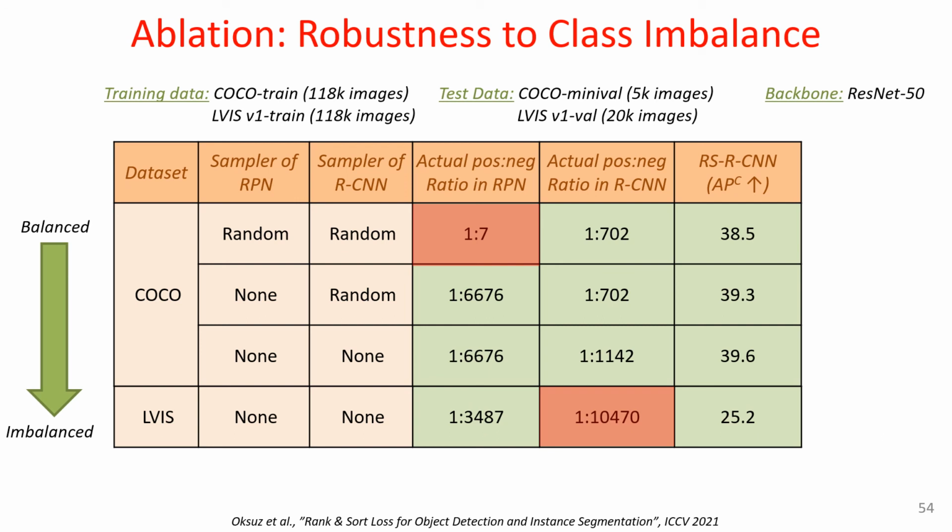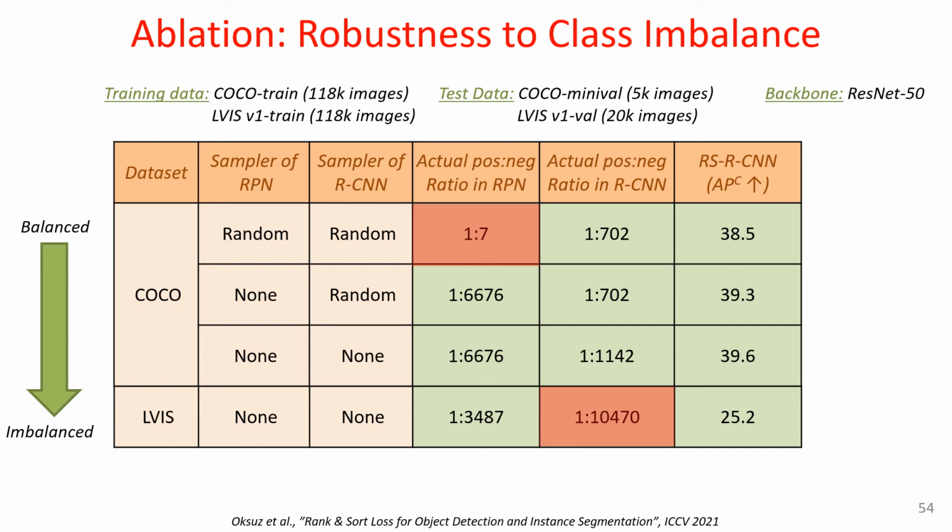To analyze its robustness to imbalance, Faster R-CNN is trained with and without random samplers on both stages using the COCO dataset, and Mask R-CNN is trained without random sampler on the long-tailed LVIS dataset. In such a way, the imbalance between positives and negatives gradually increases with a range between 1/7 to around 1/10,000.